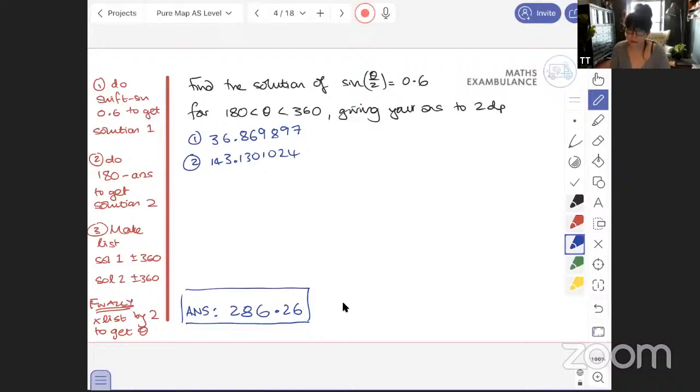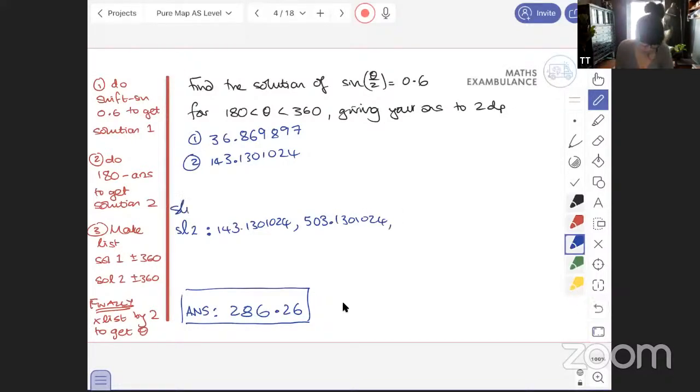Now I'm going to make my list. So I'm going to take solution 2, since it's in my calculator, and do plus 360 equals. That'll do. I've got bored quickly with this one.